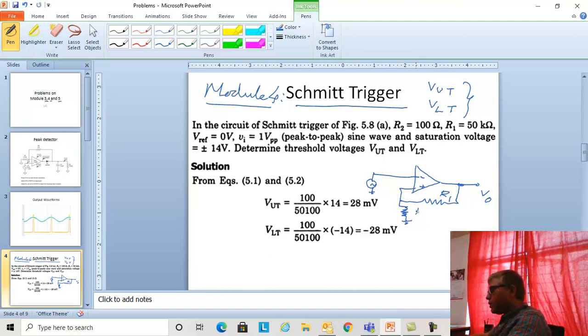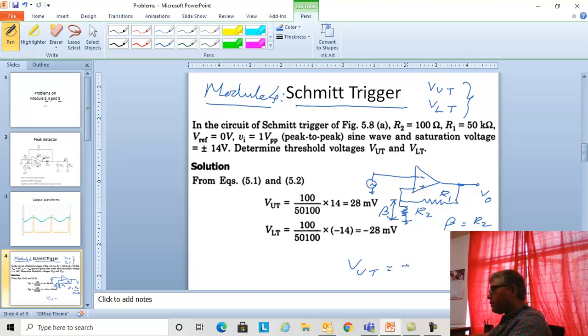So you will have R1 and R2. This is your beta, so beta is equal to R2 by R1 plus R2, which will decide your VUT. What is your VUT basically? It is the voltage across the beta when Vo is at plus Vsat.